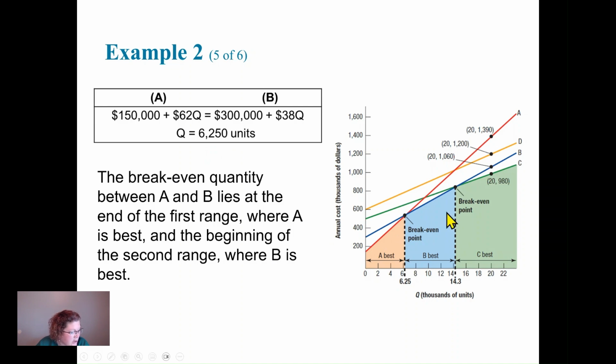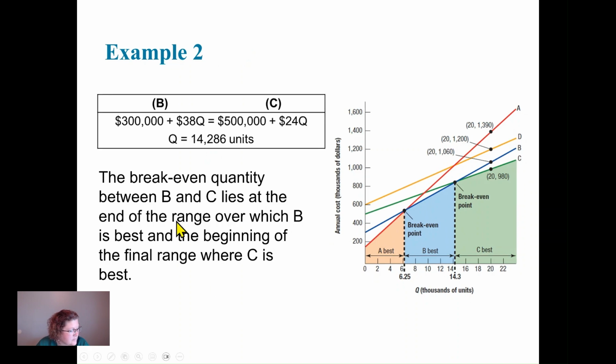I can do this calculation again to determine the difference between options B and C. So I take the break-even equation for option B, 300,000 plus 38 times Q. And now I set that equal to the equation for C, which is a $500,000 fixed cost plus a $24 variable cost. I solve for Q, and I get Q as 14,286 units.